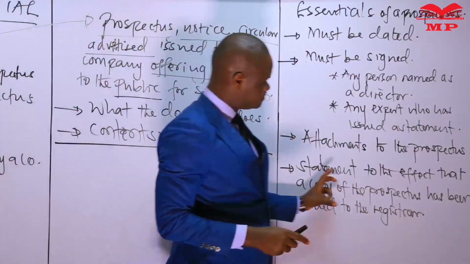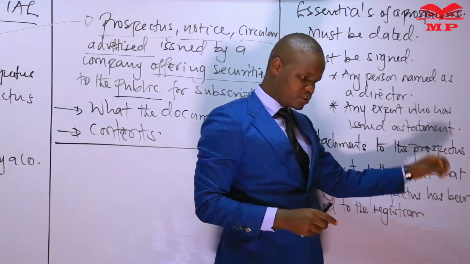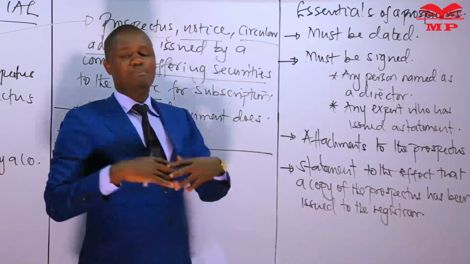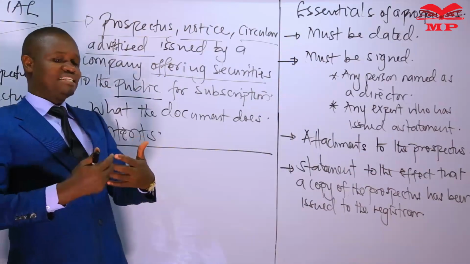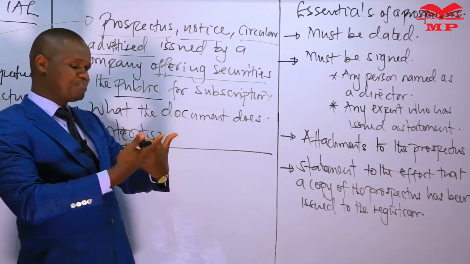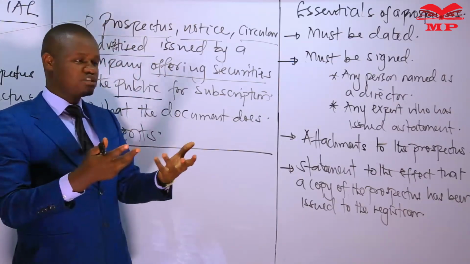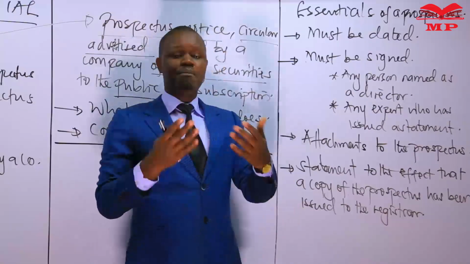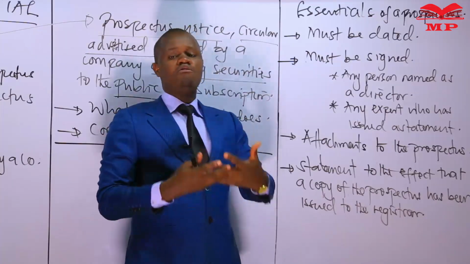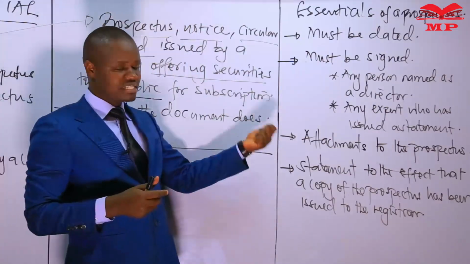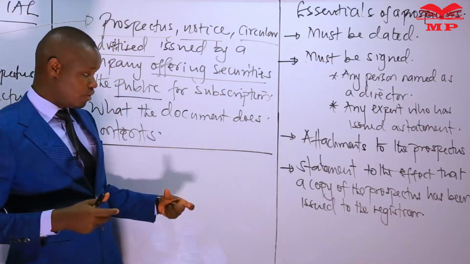Now, the issuing of the copy of a prospectus to the registrar is a protective measure. The registrar's office is a public office that should receive this document for purposes of ensuring that this document is compliant to the provisions of the law.